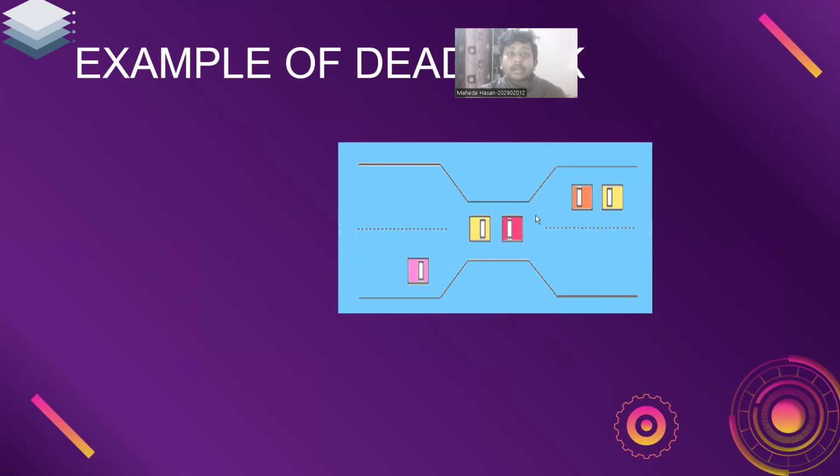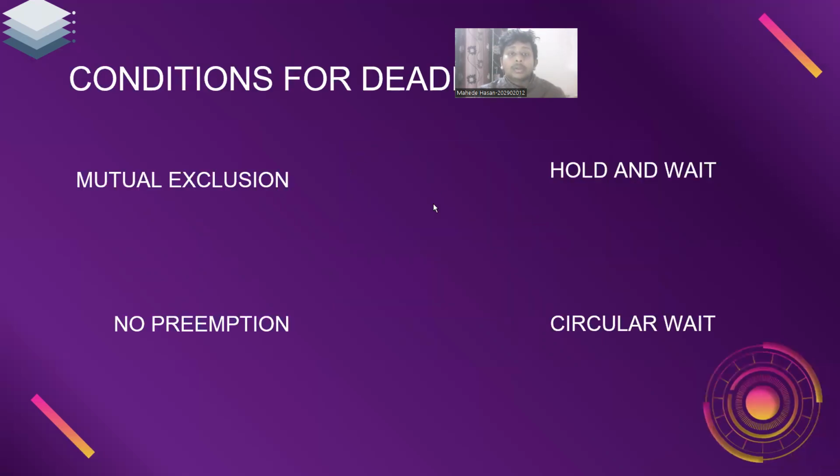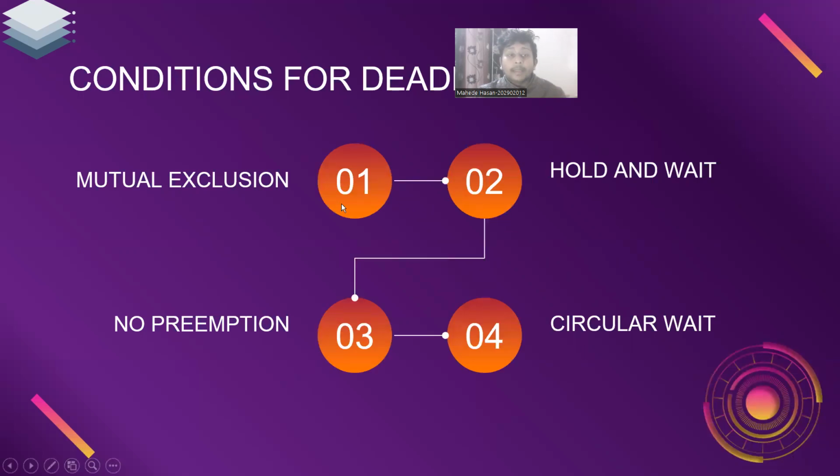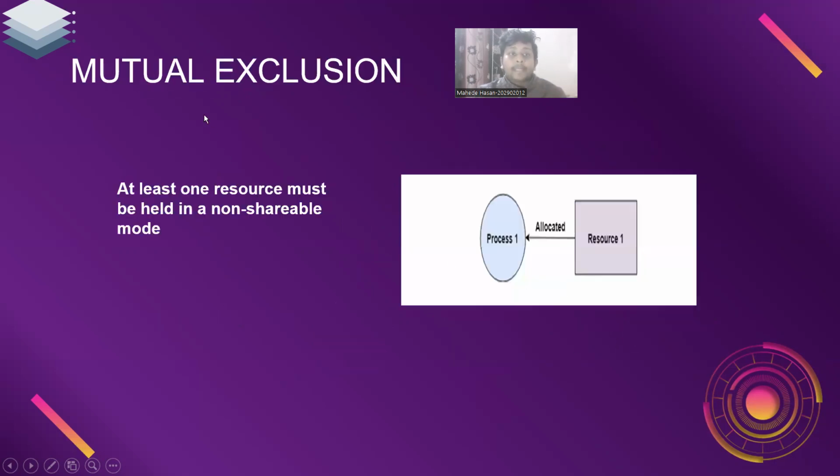Now I'll discuss the conditions for deadlock. The four necessary conditions for a deadlock situation to occur are mutual exclusion, hold and wait, no preemption, and the last one is circular wait. First of all, mutual exclusion: a resource can be held by only one process at a time.